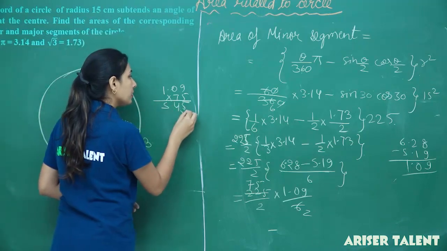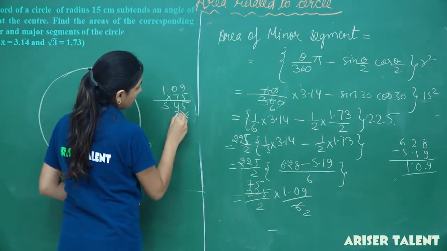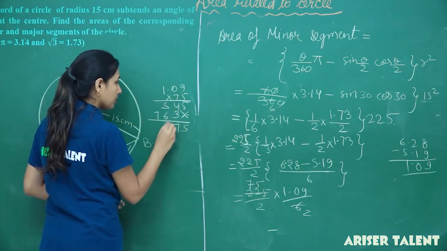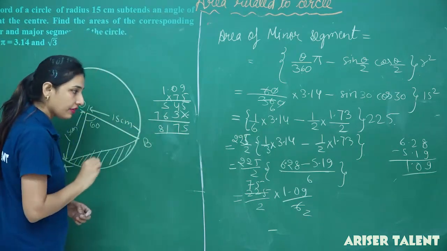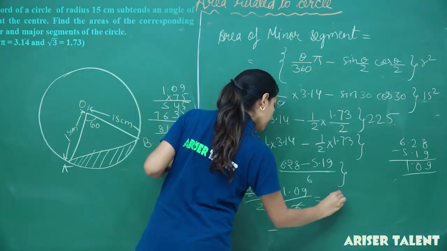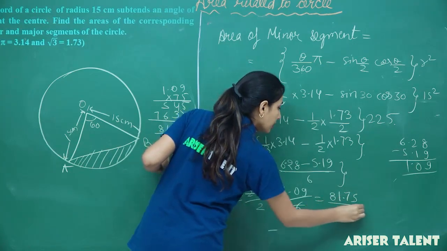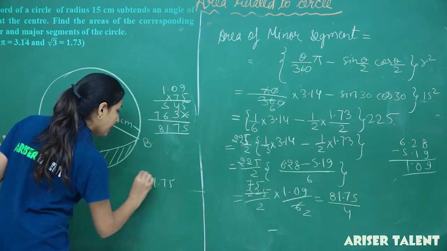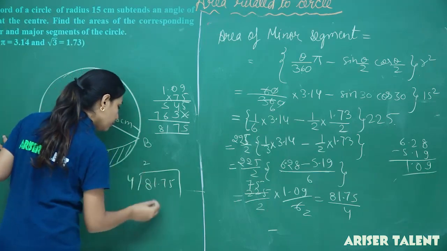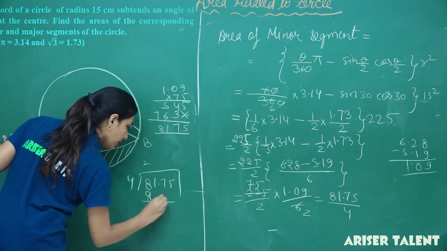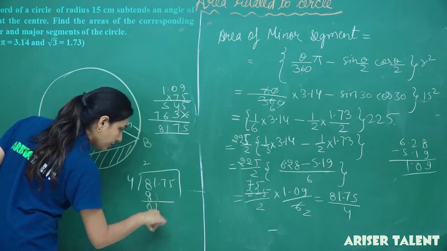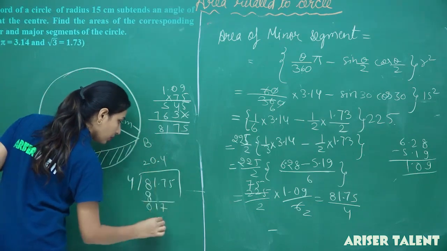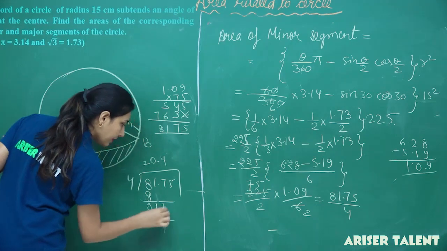That will give 8175 here, and the decimal, divided by 4. So can I write this here and divide it by 4? What will it give to me?